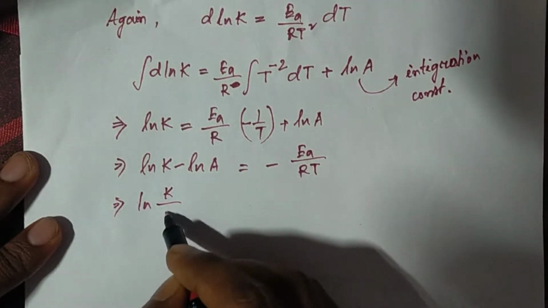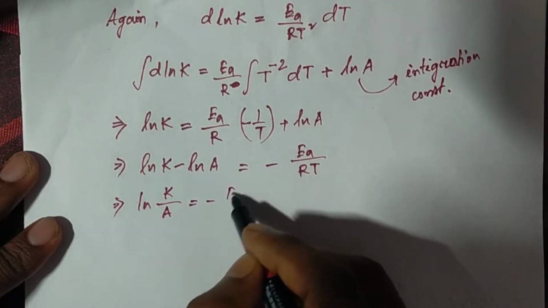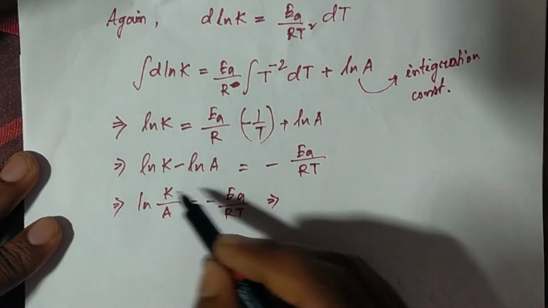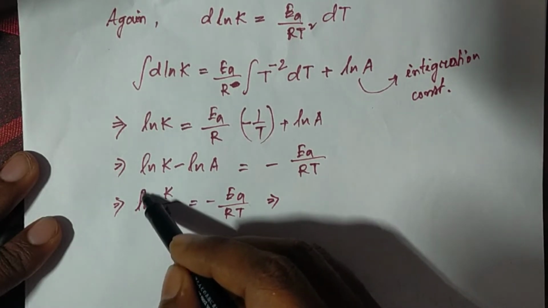Next, ln k by A is equal to minus EA by RT.